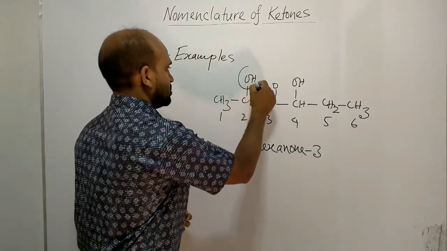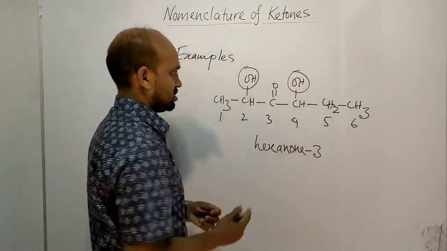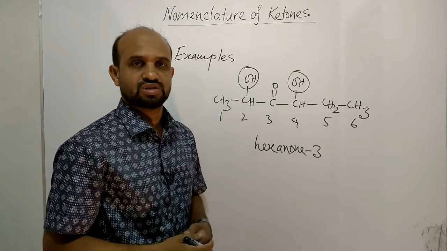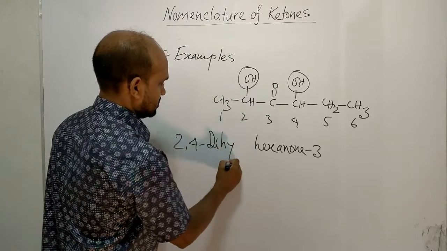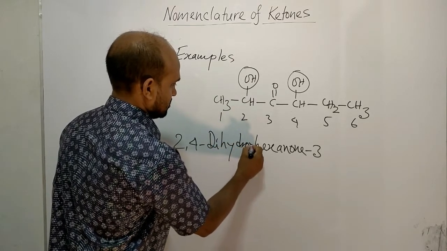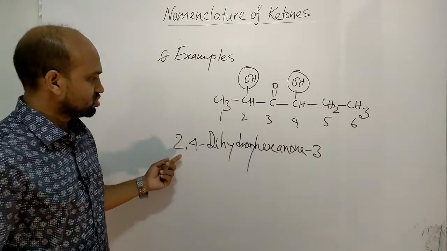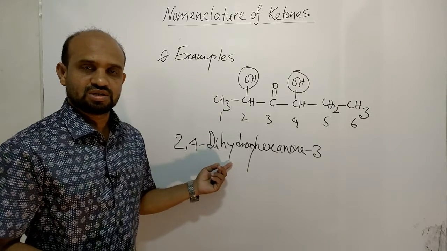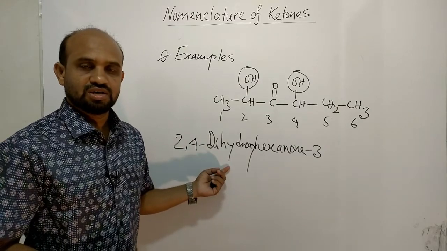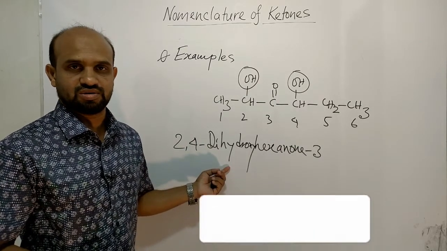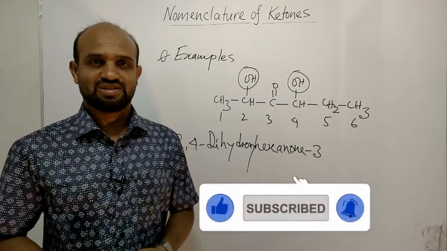Carbon 2 is carrying one hydroxyl group, carbon 4 another hydroxyl group, so 2,4-dihydroxy hexanone 3, or we can write 2,4-dihydroxy 3-hexanone, or we can write 2,4-dihydroxyhexan-3-one. My dear students, no more today. Thank you very much. Take care.